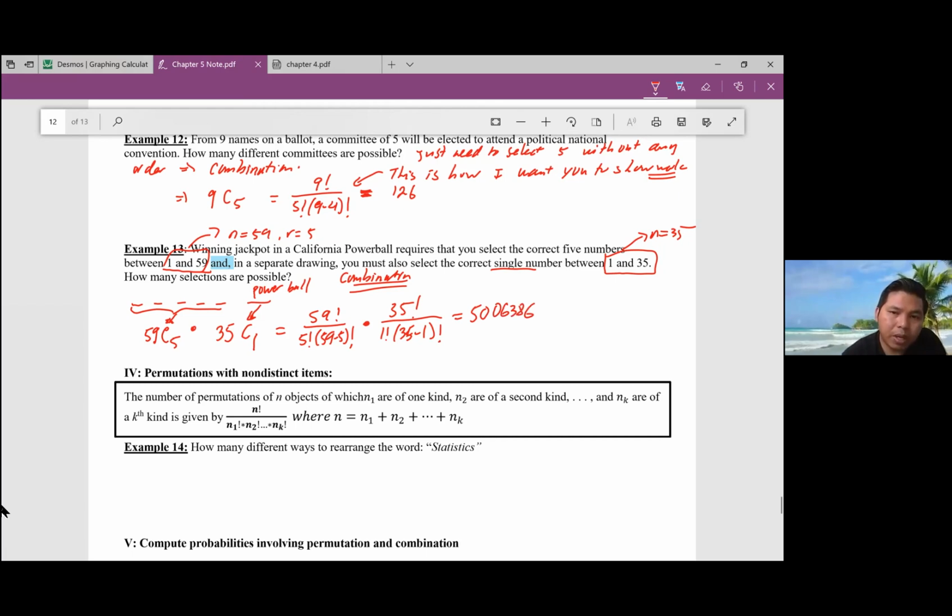5006386 multiply 35. All right, we get 175223510. 175 million tickets can be sold.